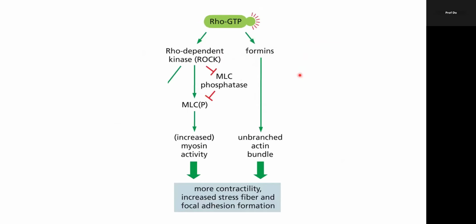Okay. And again, this is just an example of the different pathways that Rho GTP is going to affect, depending on what type of function we want it to do.